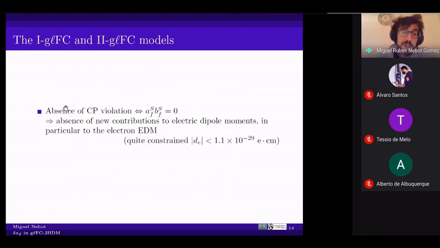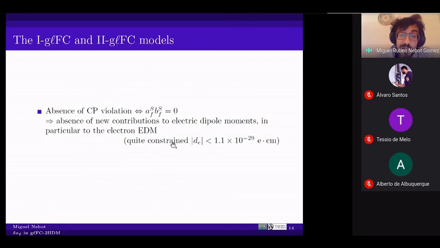And of course, the thing with this absence of CP violation that I was mentioning, which strictly means that the product of the scalar and the pseudoscalar coupling is zero. Either you have pure pseudoscalar or pure scalar, means that you have CP conserving couplings to a scalar. When you have this, what you are avoiding immediately is trouble with the electric dipole moments. The electric dipole moments arise from a similar operator than the anomalous magnetic moment, except that there is an extra gamma five in your operator.